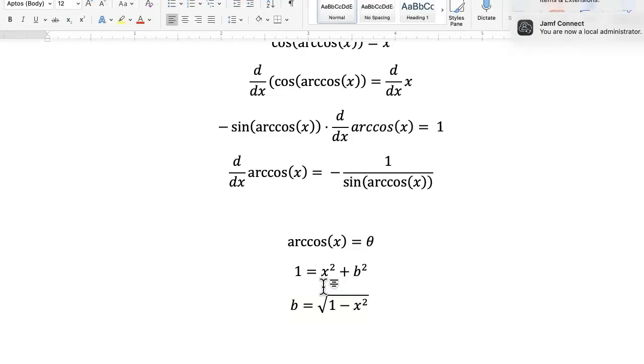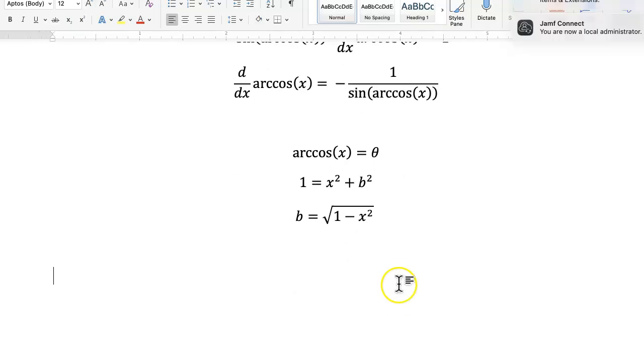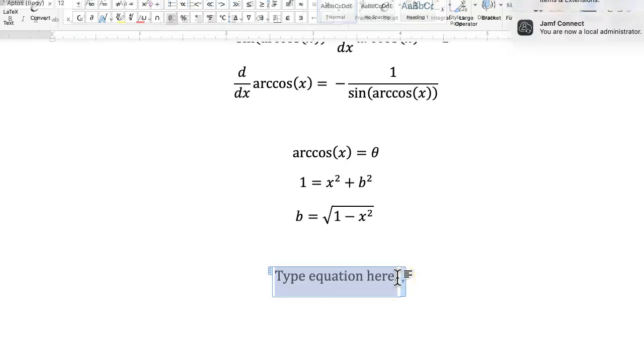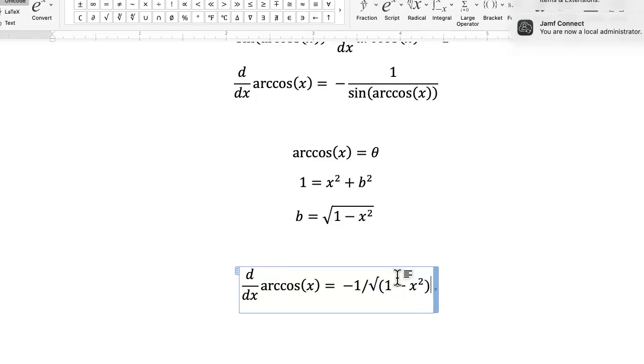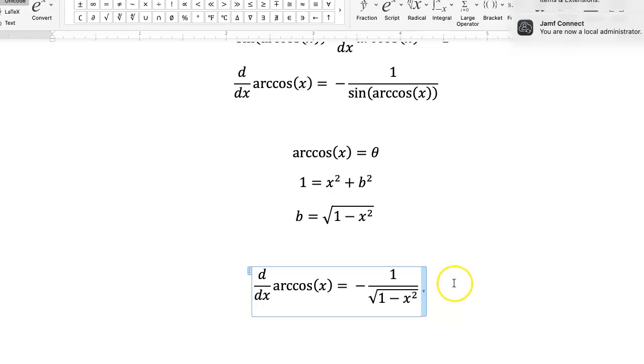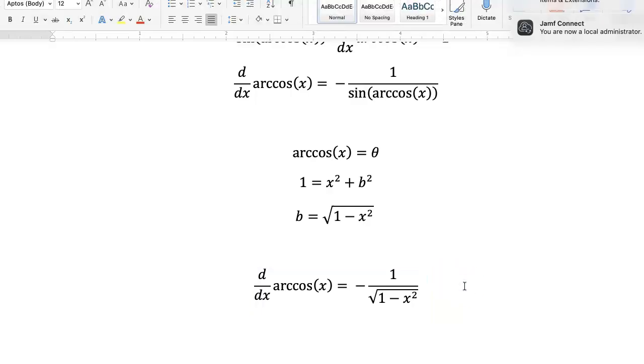All right? And so now we have the sine of that angle theta in terms that we can write in a simple equation, and we can write d/dx arc cosine of x is minus 1 over the square root of 1 minus x squared. And that gives us the derivative of the arc cosine.